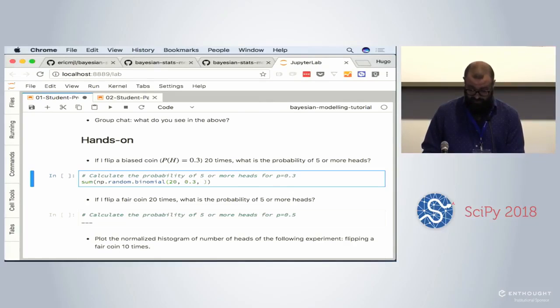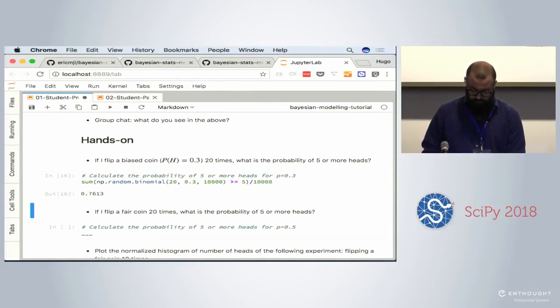I didn't specify this, but I'm going to do it 10,000 times. We want to know how many times we see 5 or more heads, so how many times is that greater than or equal to 5? I'm going to divide this by the total number, which is 10,000, and execute that. I've got 76.13.